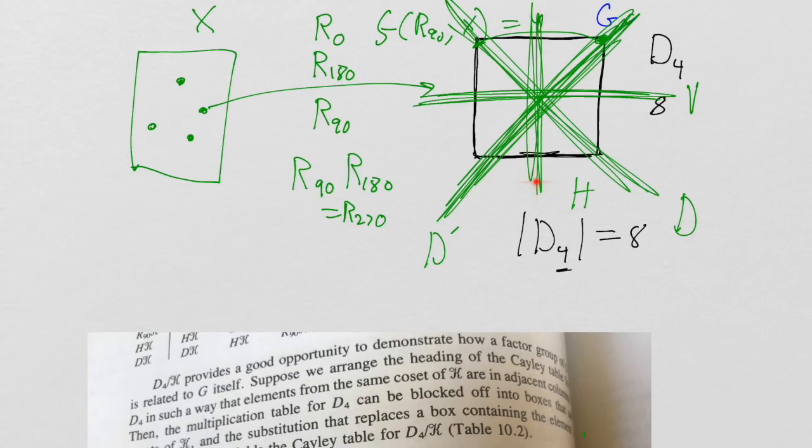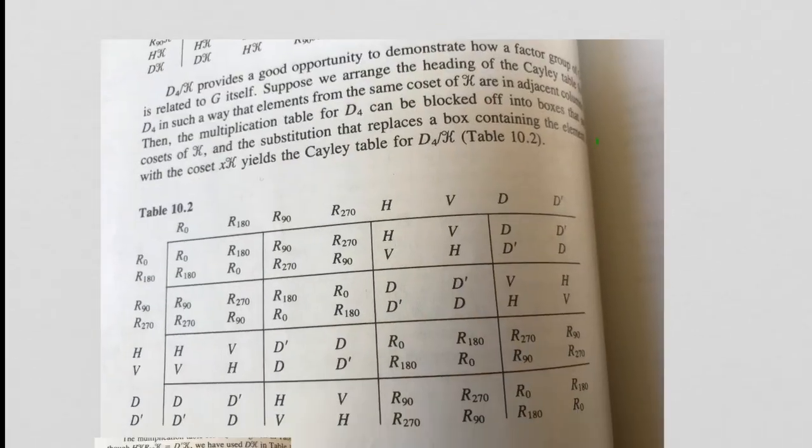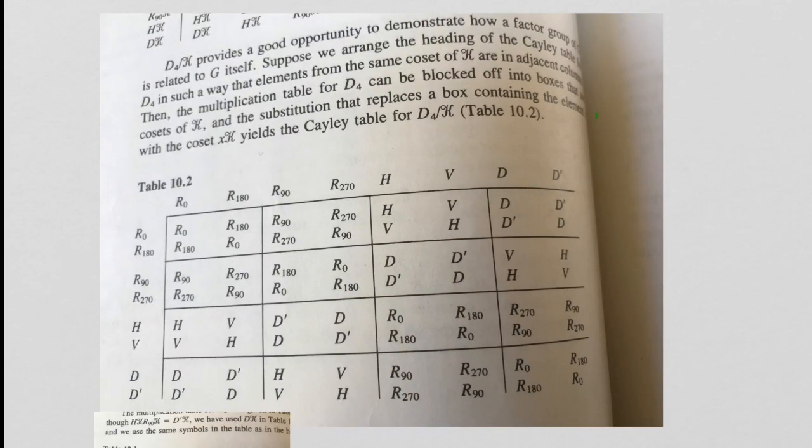If this is a horizontal flip, right, if I first do R180 so that this point ends up here, and then I do a horizontal flip, then that point ends up there, that's equivalent to a vertical flip, right? Okay, so I think I've defined it the same way this book has. If I haven't, this table will prevail.